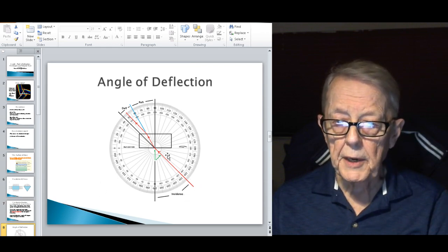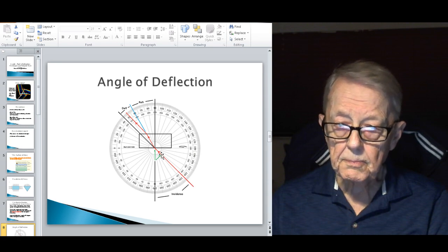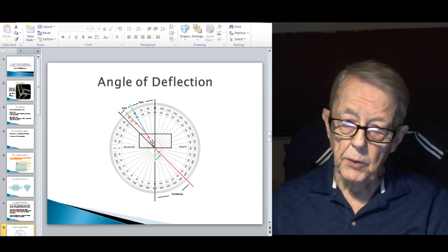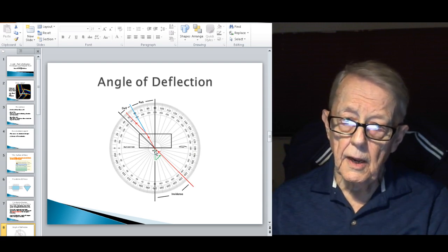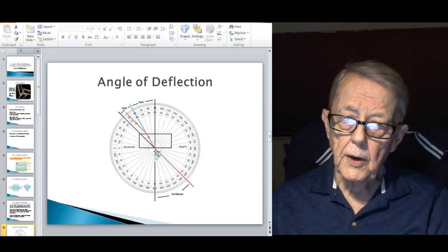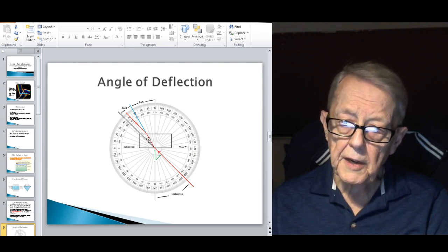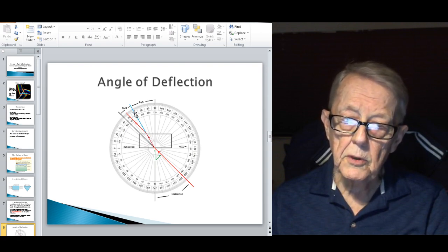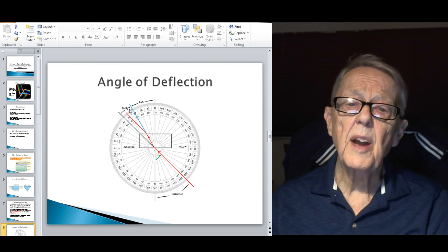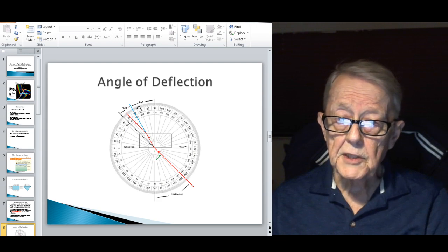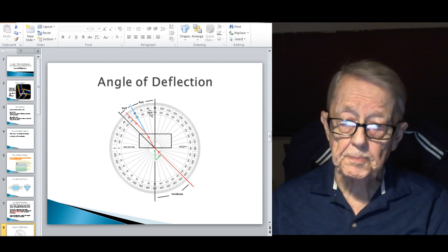I have light coming in at 45 degrees. It gets refracted here and refracted there. And if you continue, the refracted angle is right here between the red line and the normal. I extended that with the blue, and it comes out over here, and I'm calling this the angle of deflection, where this is the angle of refraction.